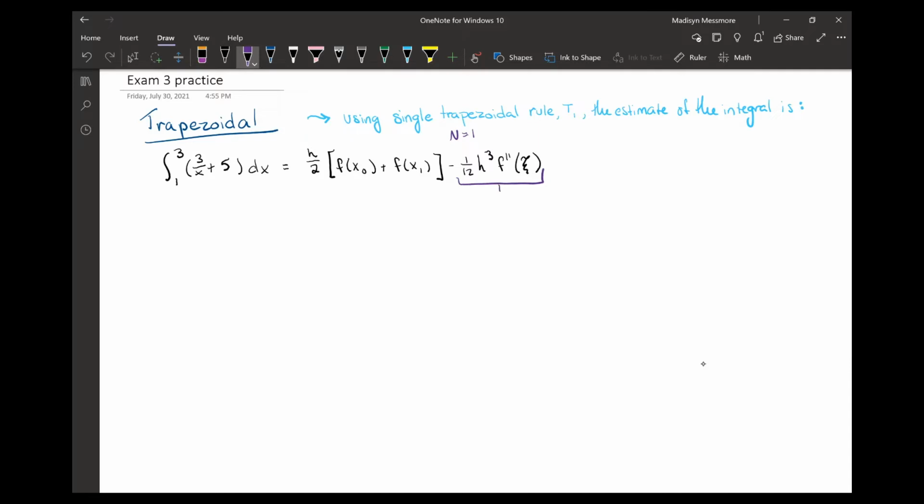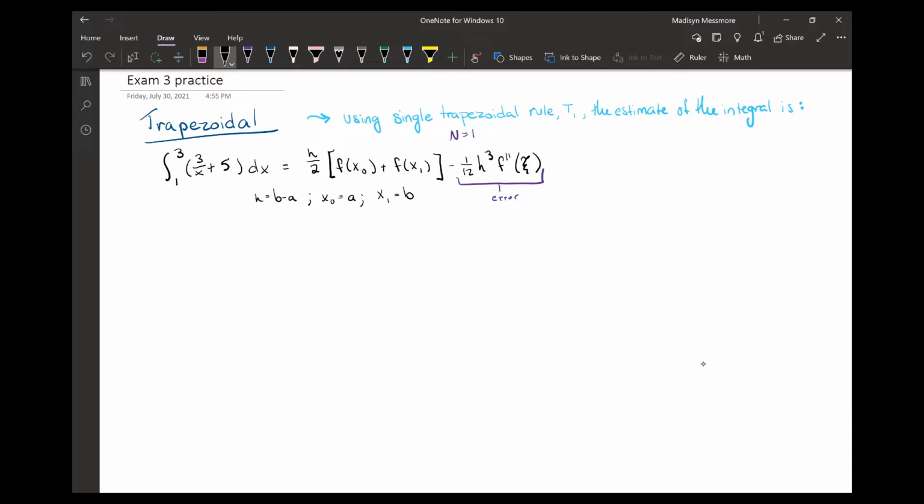That's just error, the theoretical calculatable error, which you won't have to do because you won't be given the xi. And your h would be b minus a. Your x of naught in this case is your a, and your x of 1 is b.